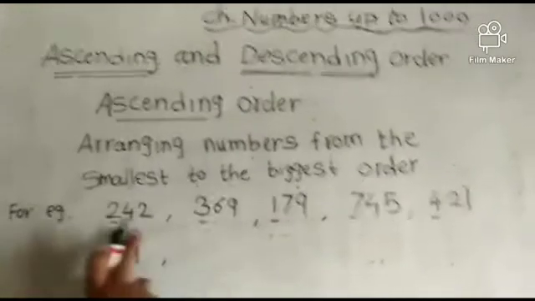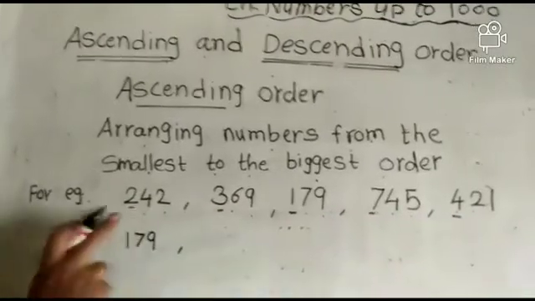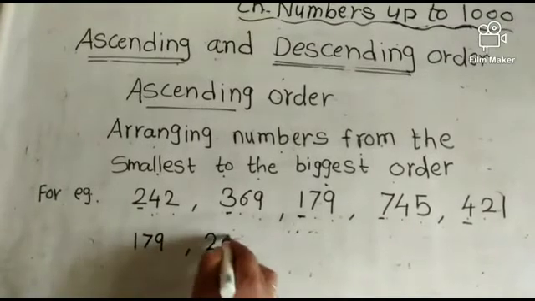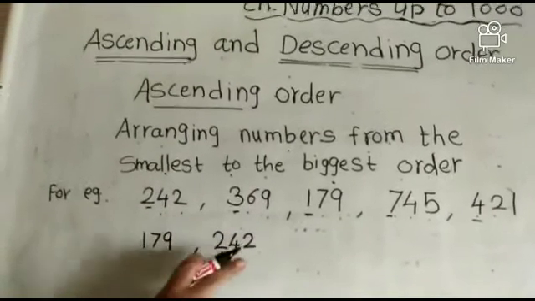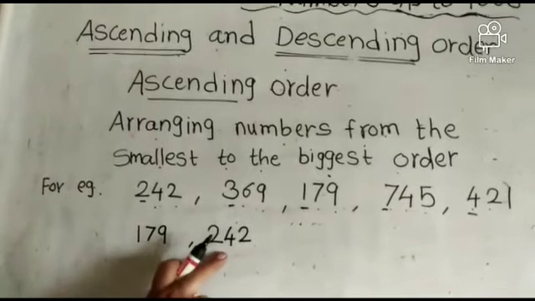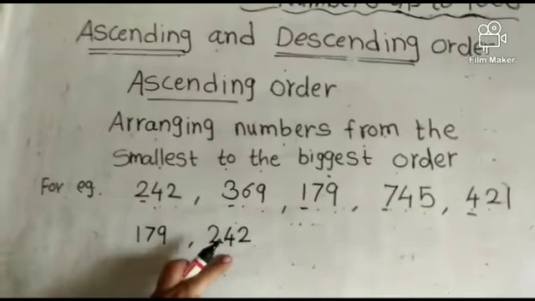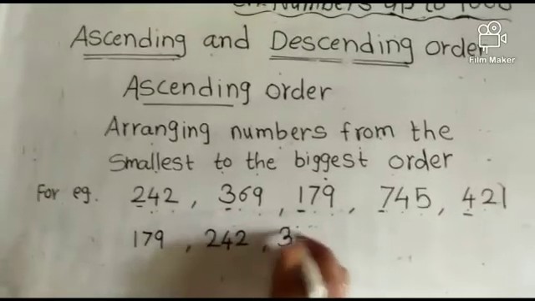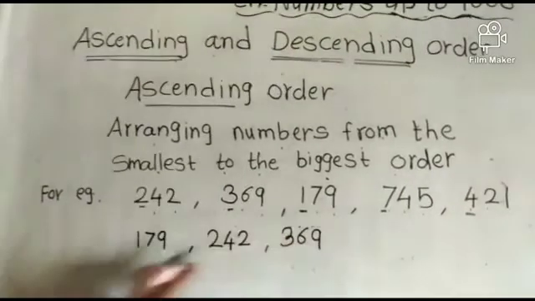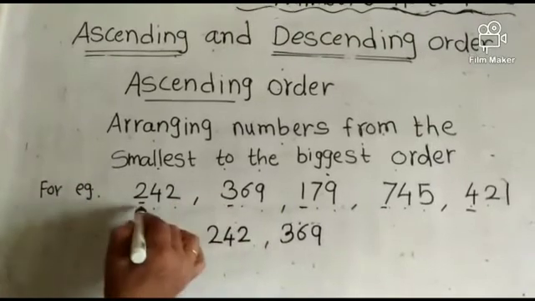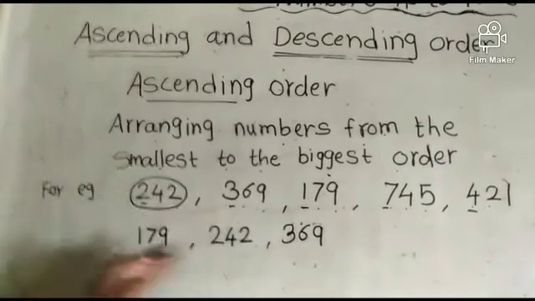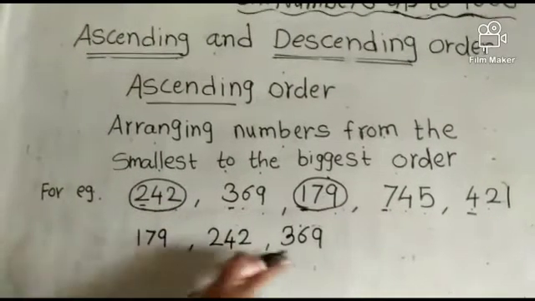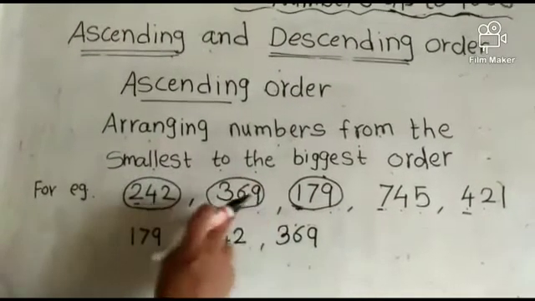Okay, then look here. 242 will come after this number, and after this 242 there will be 369 number come. Okay, and then this number we wrote here, then this number also we wrote.